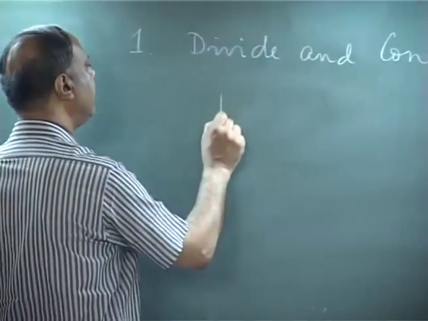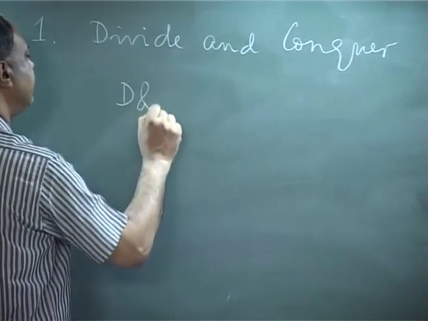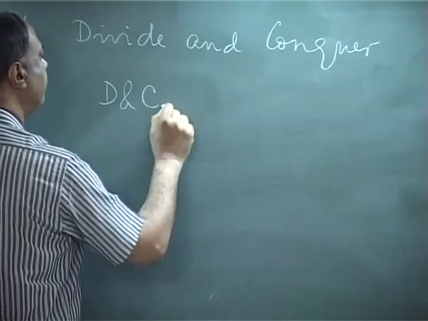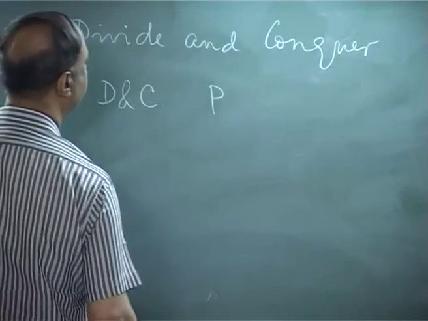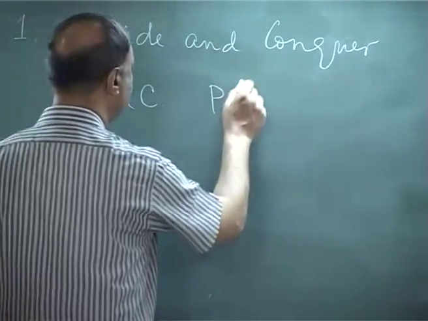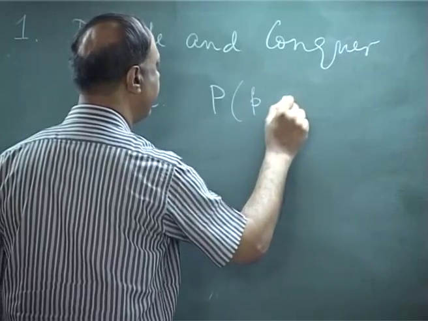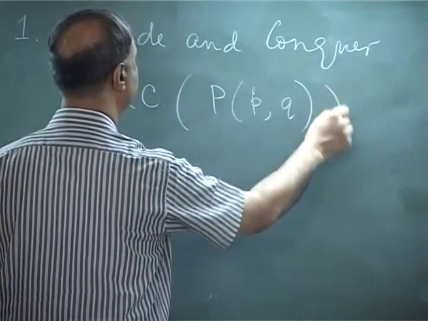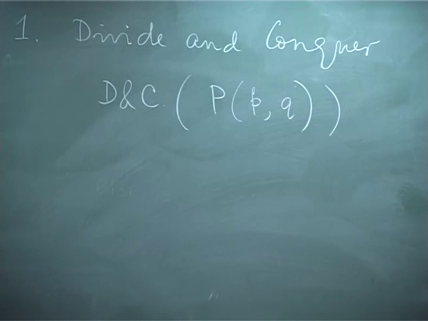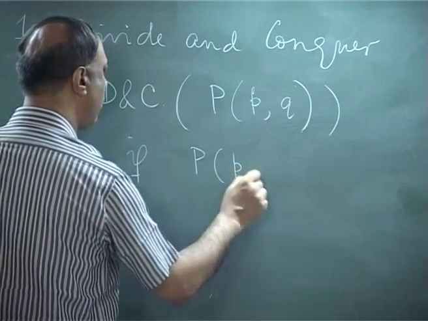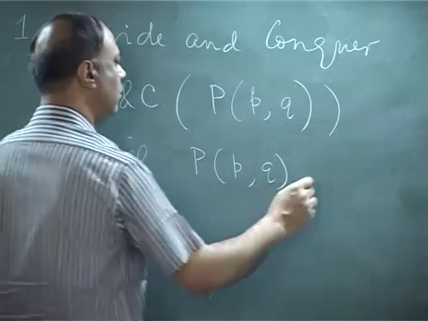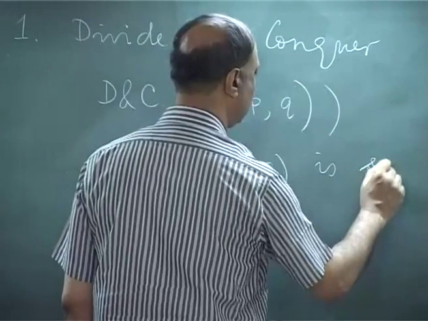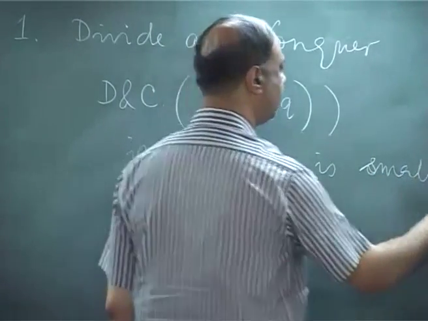So I write D and C, the problem P, and size is say p and q. So this is the problem of size p and q. Now if problem pq is small, then solve.